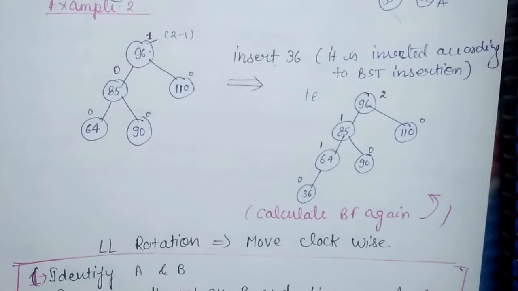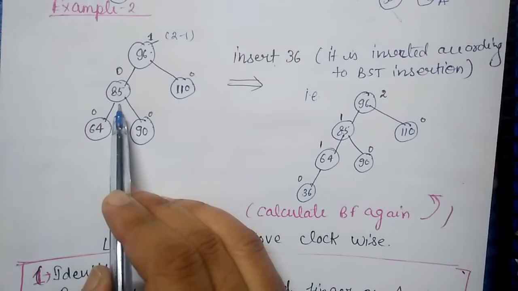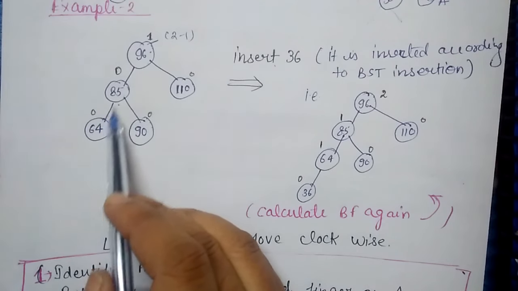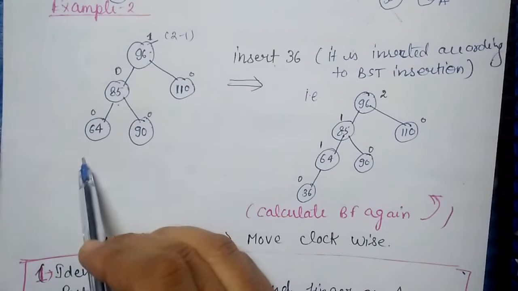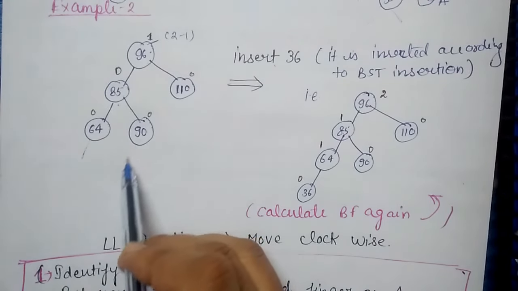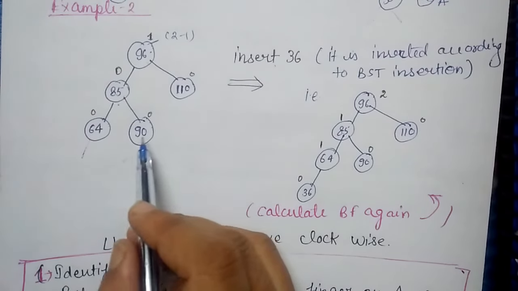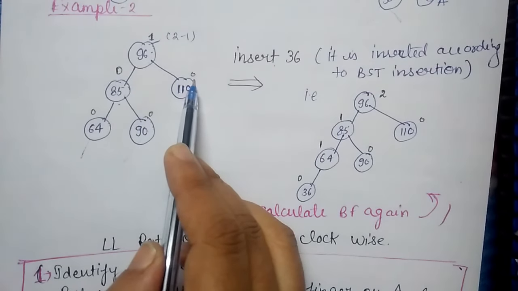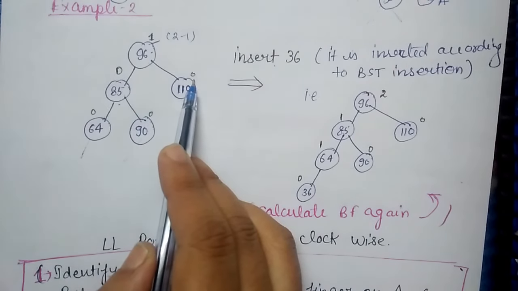So the balance factor of 96 is 1. Now the balance factor for 85 is 1 minus 1, which is 0. The height of the left subtree is 0, the height of the right subtree is 0, so 0 minus 0 is equal to 0. Similarly, the balance factor for 110 is also 0.